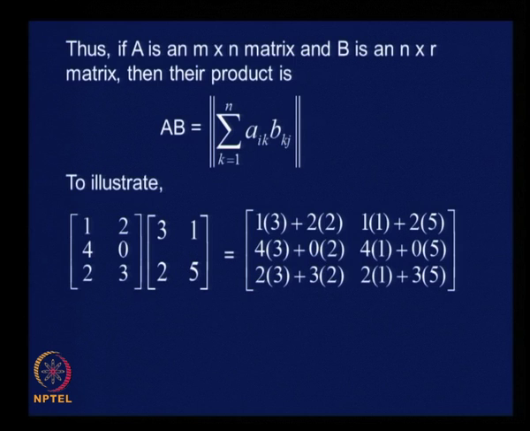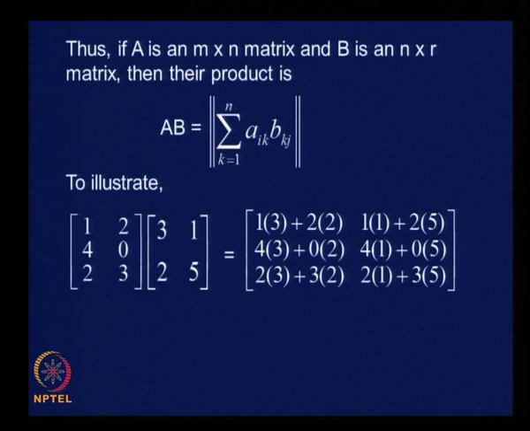Clear. And similarly, next we take the second row and multiply each of the columns of the other matrix: 4 into 3 plus 0 into 2 is one cell value, and then 4 into 1 plus 0 into 5 is another cell value.